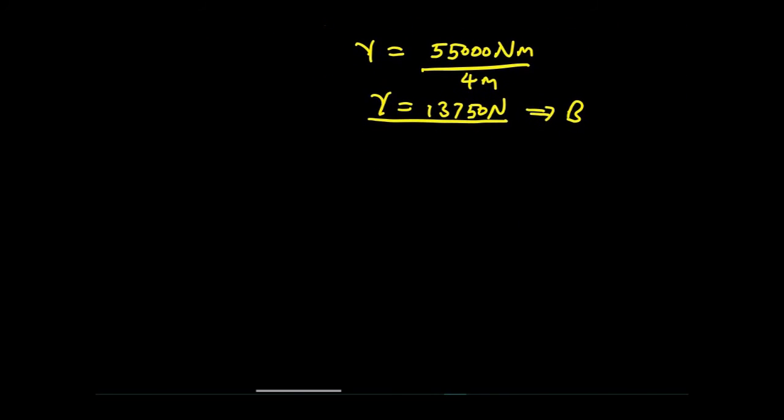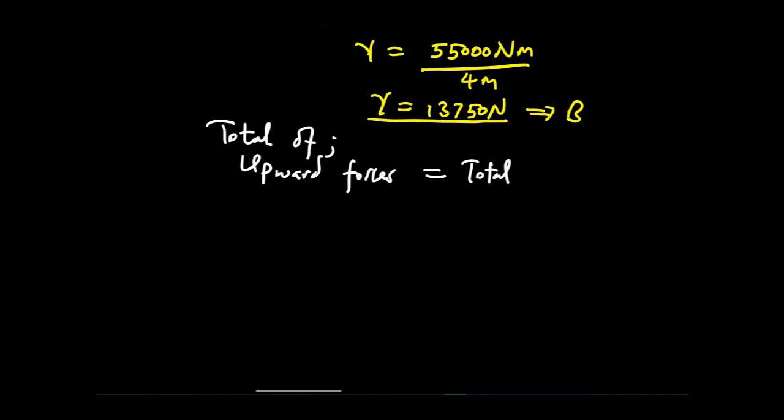Now, one of the conditions for a system to be in equilibrium is that the total of upward forces should be equal to the total of downward forces.